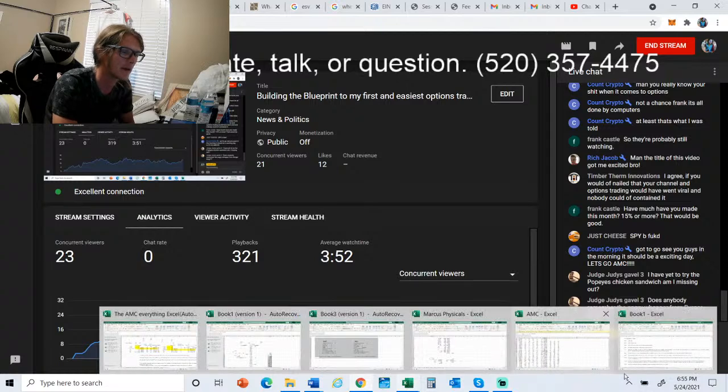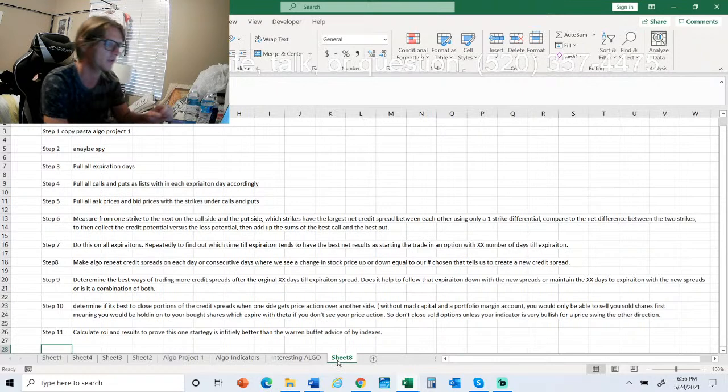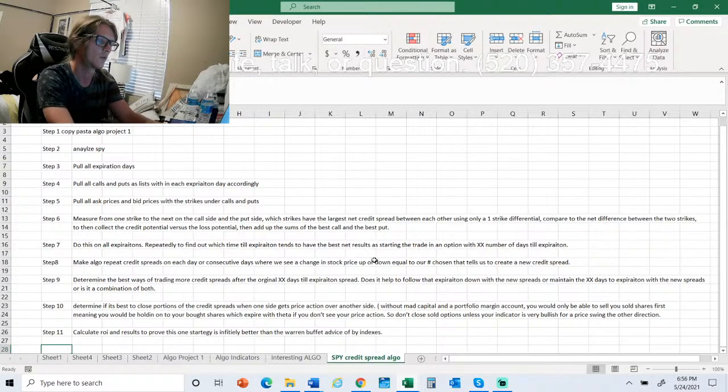Alrighty, let's get back at it. Let's think of another algo real quick. So this one is my rename SPY credit spread algo, which will also be the base platform to my SPY SPX cross margin credit spread algo.